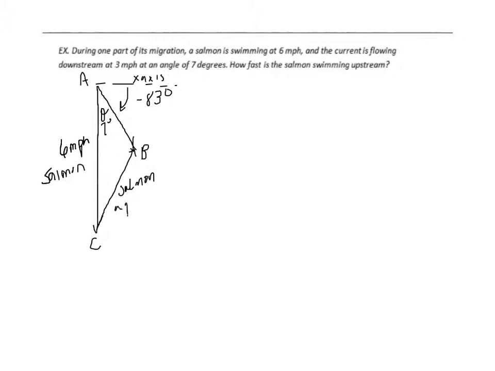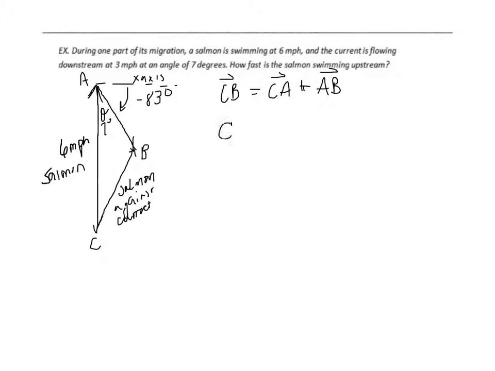So this is the one I need to find. Salmon against current. So I need to find the magnitude of that vector. So I need CB, I know, is going to be the resultant of the salmon. Sorry, I've got the salmon going backwards. It's going this direction. CA plus AB, vector AB. Okay, so that's what I have.